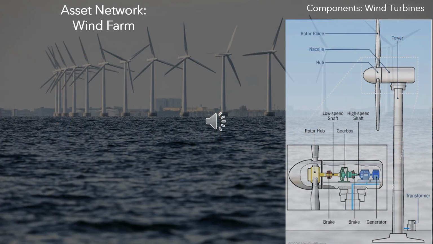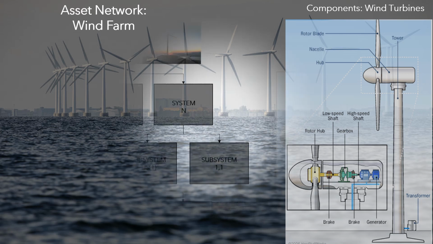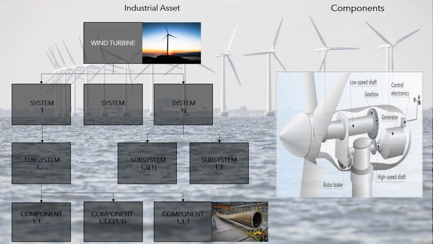The image presents an asset network: wind farm industrial assets, wind turbine components. These are the result of the hierarchical decomposition of the asset into parts, up to the basic components. An industrial asset can be conceived as composed of systems, each of which can be composed of a set of subsystems, each of which can be composed of a set of components, corresponding to the last level of the hierarchical tree, and which, normally, corresponds to the site where the failure that affects all the elements of the branch of the hierarchical structure occurs.